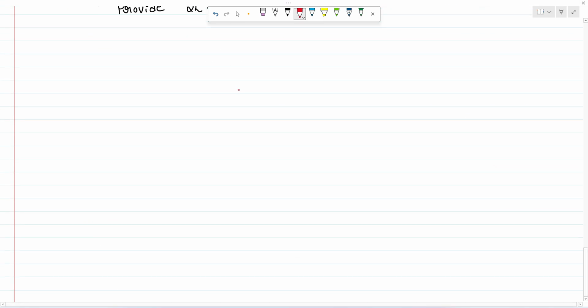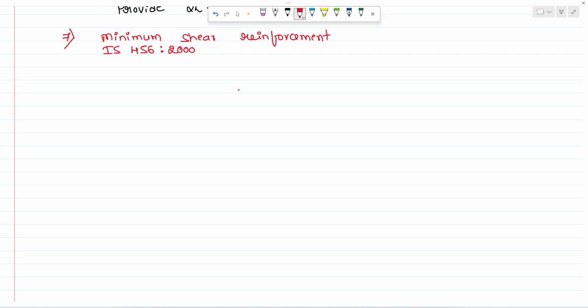So my next step will be step number 7, minimum shear reinforcement. For which you need to refer IS 456 2000, page number 48, clause 26.5.1.6. So let me open the code.